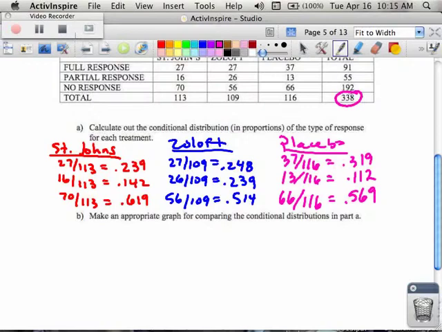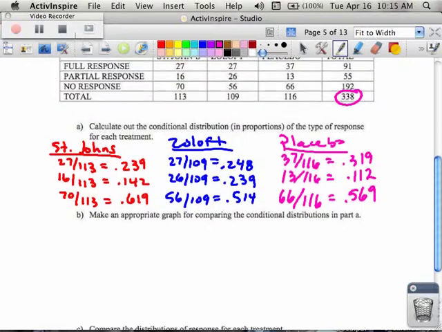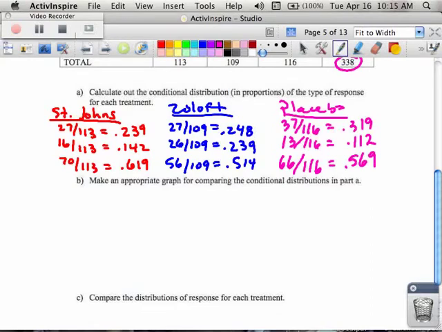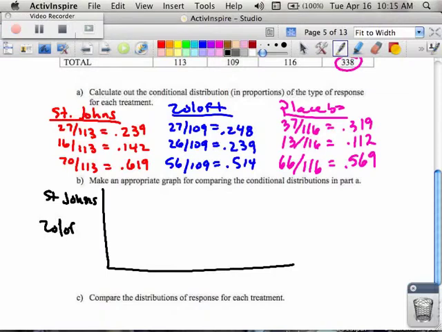In the next part, we're going to talk about an appropriate graph for all of this. We're going to use a bar graph, since it's categorical data. In my bar graph, I'm going to talk about St. John's, Zoloft, and the placebo.